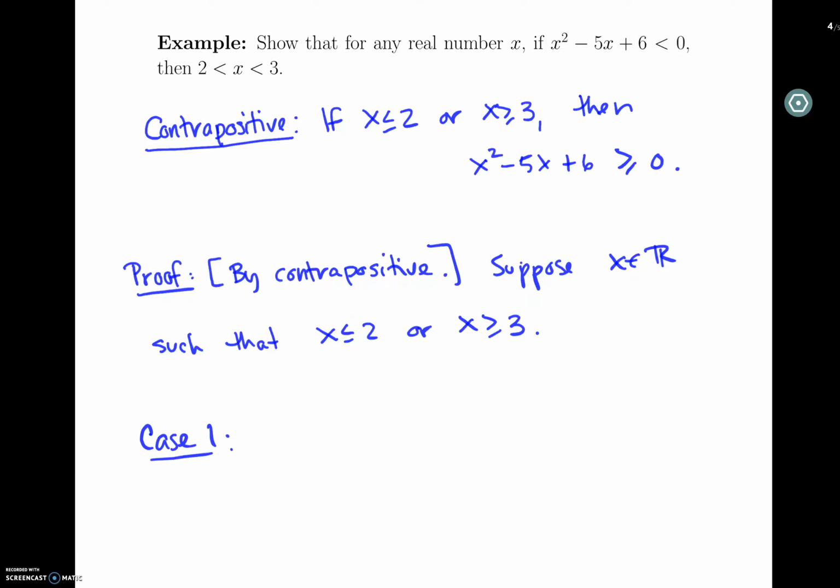So case 1, let's suppose that x is less than or equal to 2. Now, x minus 2 will have to be less than or equal to 0. Also, if we were to subtract 1 from each side, we would have that x minus 3 would be less than or equal to negative 1.